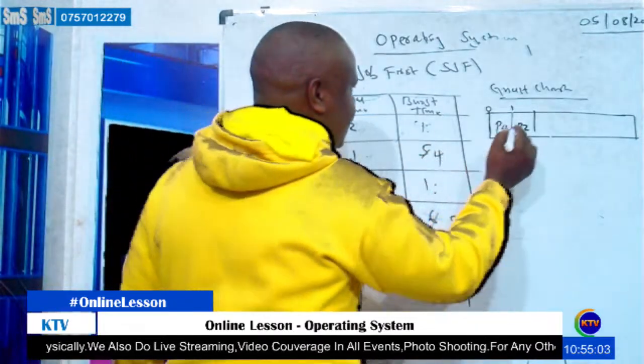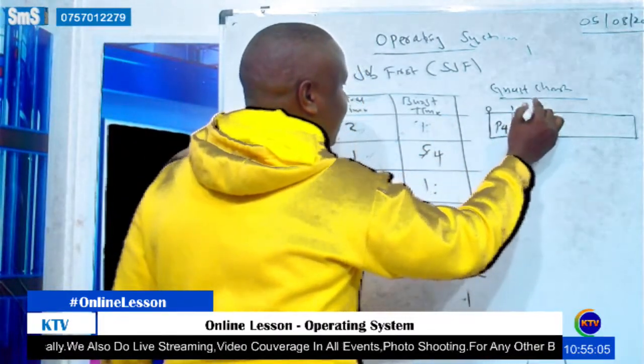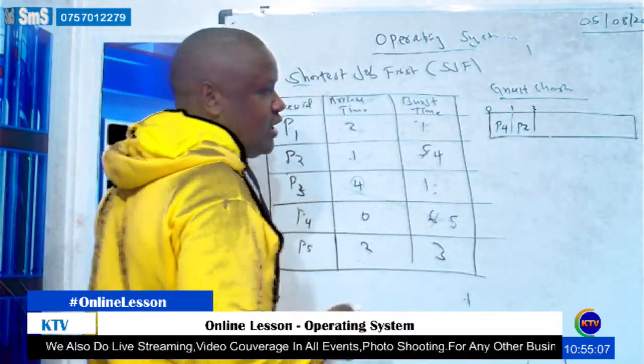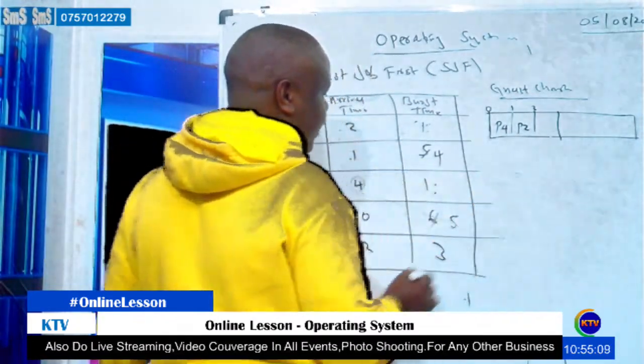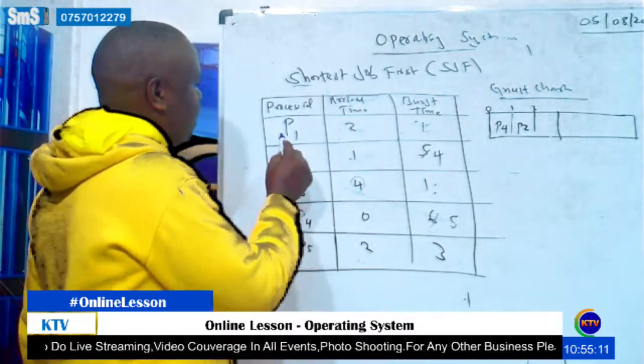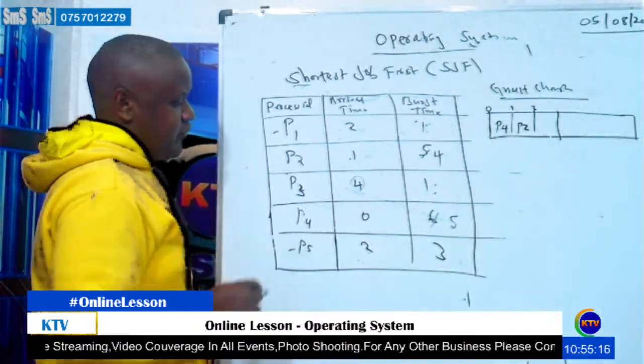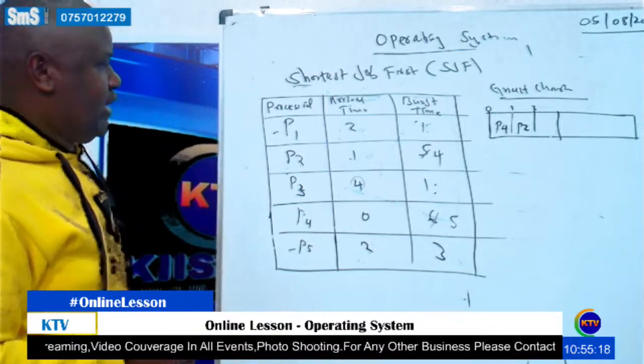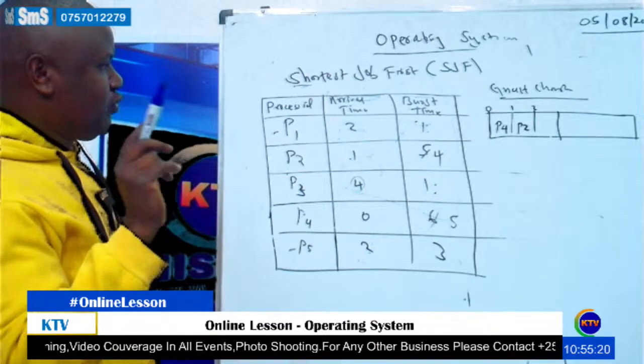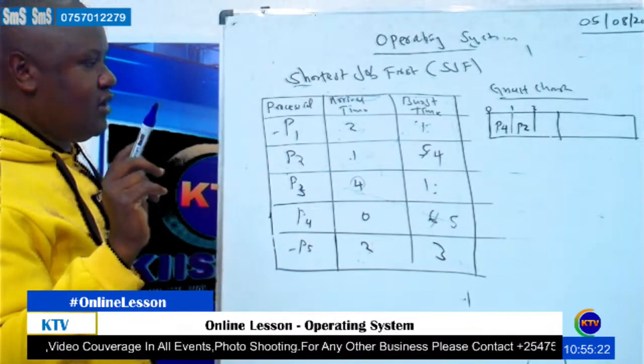So this one took 1 minute and it completed at 2 minutes. At 2 minutes, 2 processes have already arrived, process 1 and process 5. So process 1 was supposed to take how long? 1 minute.